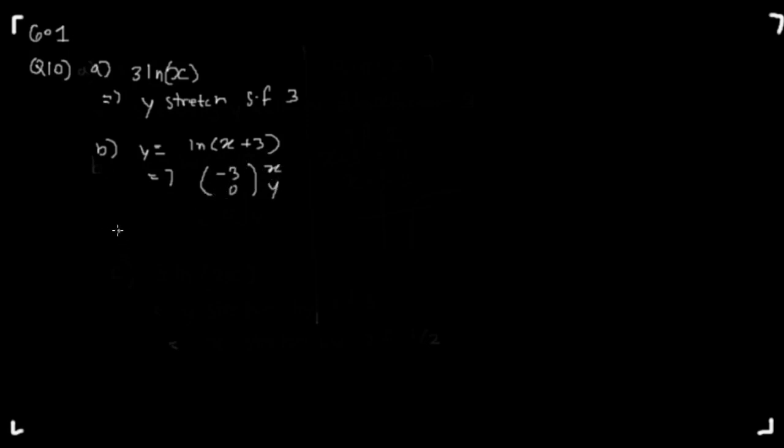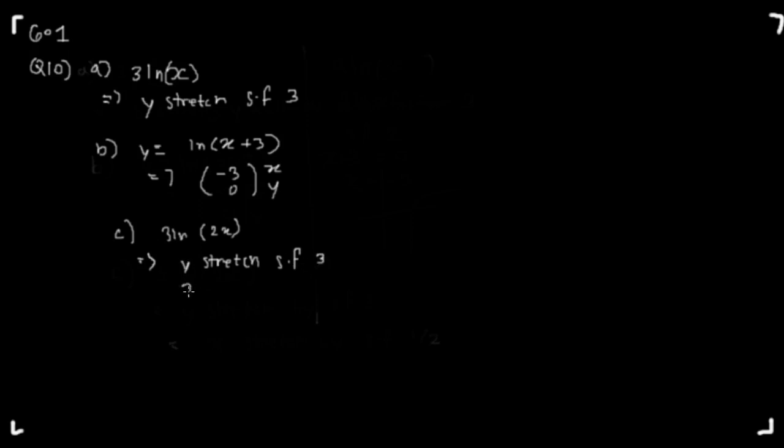For C is 3ln 2x. Now there is something acting inside of here and here at once, right? So it's a bit trickier, but it's the same thing. So y stretch is at the scale factor of 3, right?